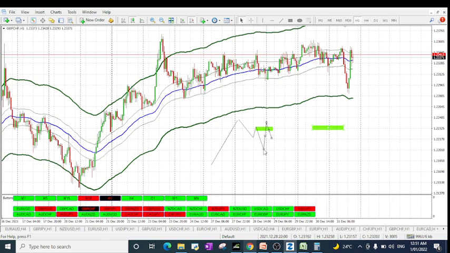As long as the pullback didn't break this low before I start seeing buying pressure, my buyer starts to step in, then this is where you can take, if you normally risk something like 1%, you can risk something like 1.5% or 2% on this trade.